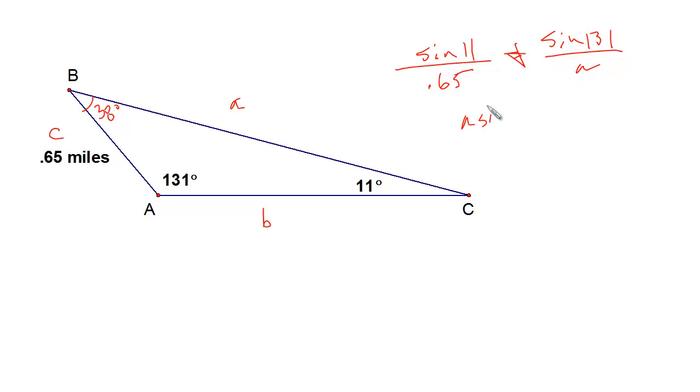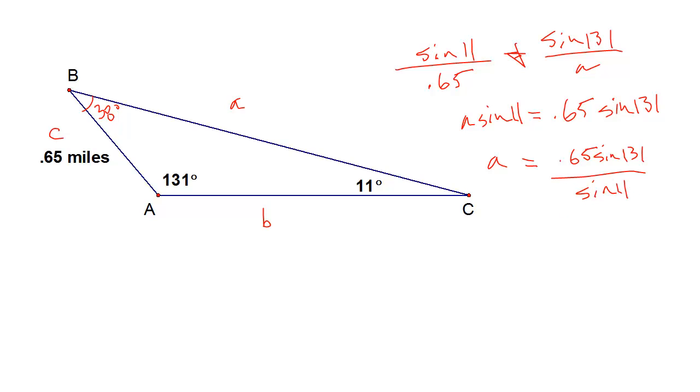So I have A times the sine of 11 equals 0.65 times the sine of 131. I divide, and A equals 0.65 times the sine of 131 over the sine of 11.